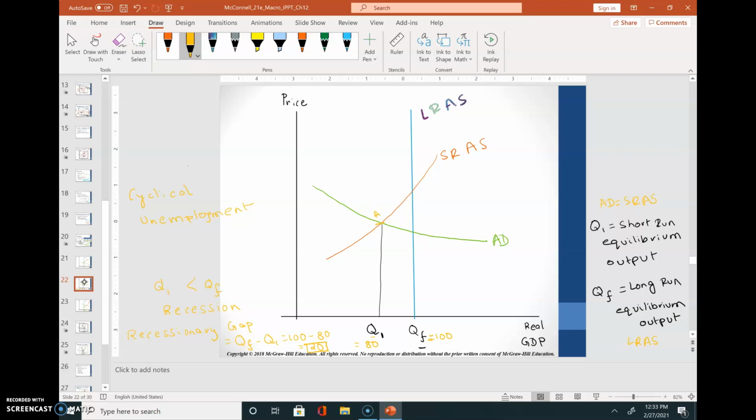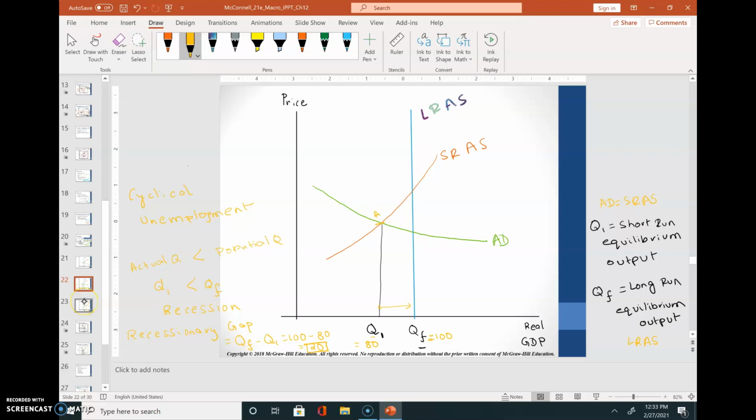Because the actual output is less than potential output, we have a recession, and the recessionary gap is QF minus Q1, that is 100 minus 80, which is 20. So just to let you know, a recession is accompanied by cyclical unemployment because the economy is producing less than what it should be.